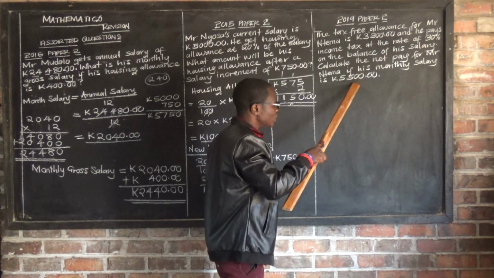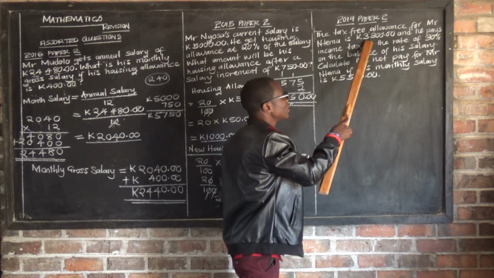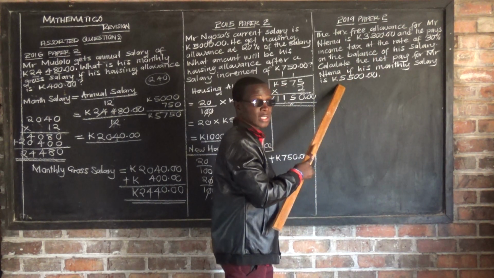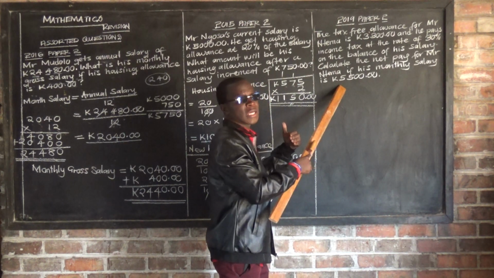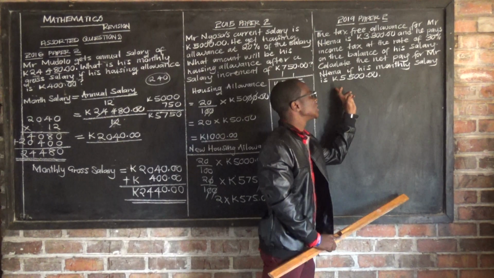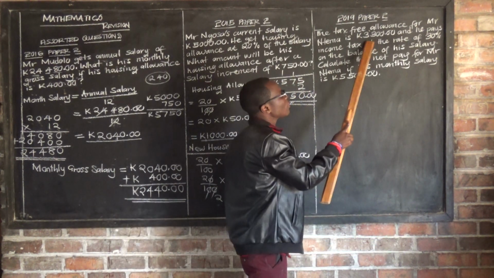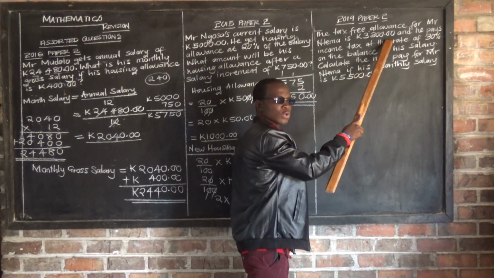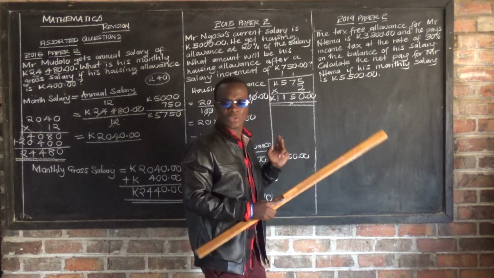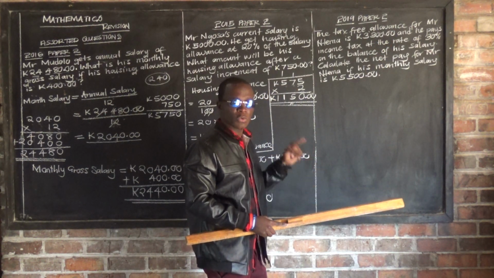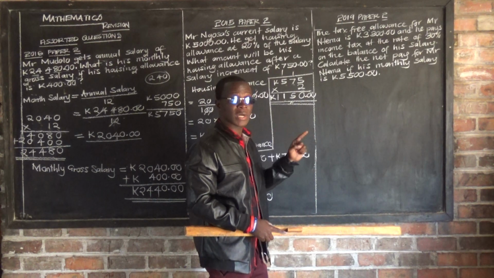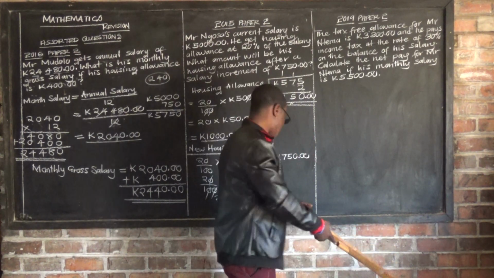So this 3,300 was in his salary, but they are saying out of 5,500, for 3,300 there was no tax, it was tax-free. So we need to find the balance by subtracting.